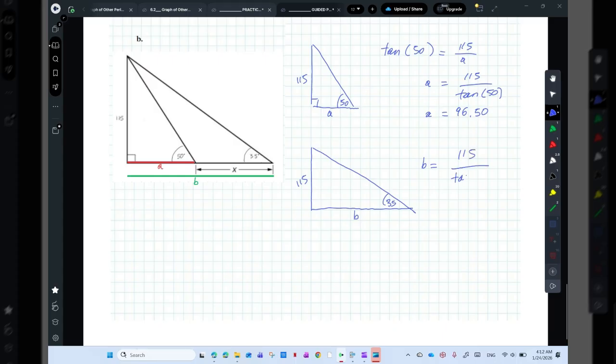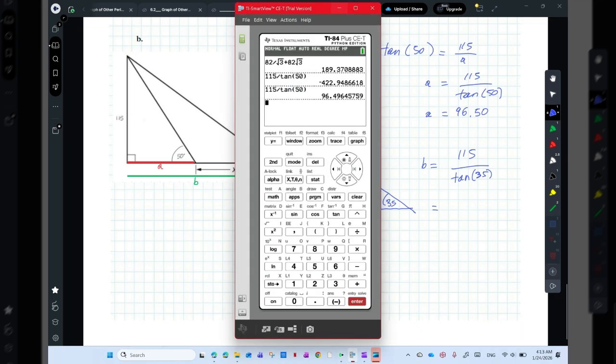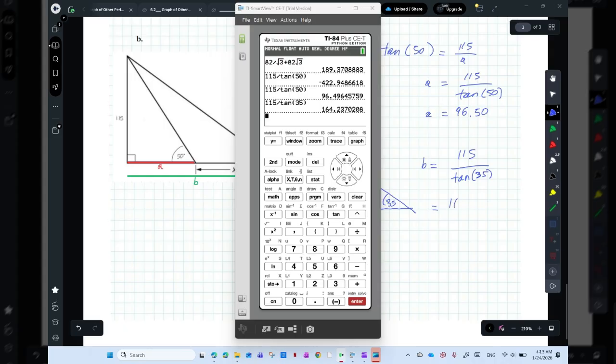Let me skip some steps here. And B will be equal to 115 divided by tangent of 35 degrees. And I will have 164.24.